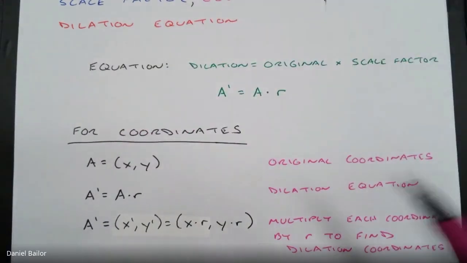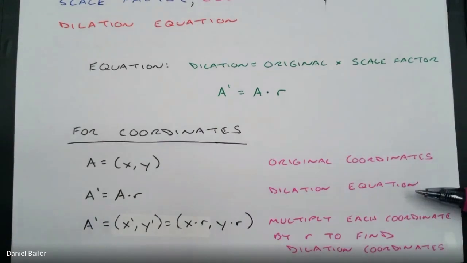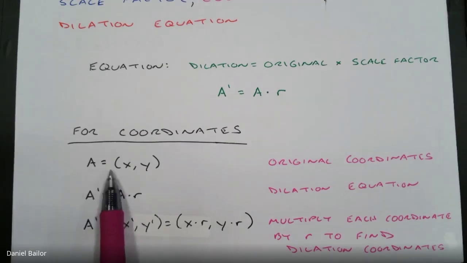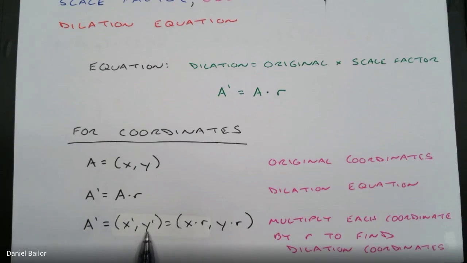And so when we do the dilation equation with coordinates, we need to take the coordinate and multiply by r. The dilation coordinates are x prime and y prime. Original are x and y. After the dilation, we call them x prime and y prime. How do we find x prime? We do x times r. How do we find y prime? We do y times r.